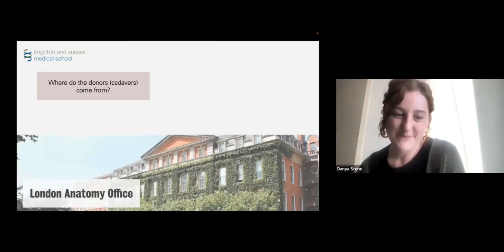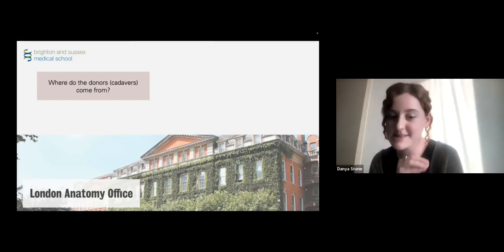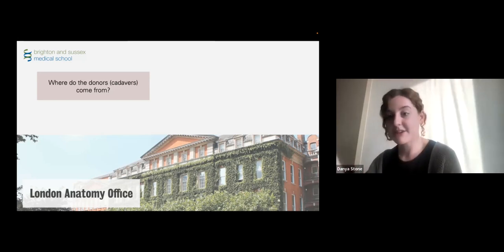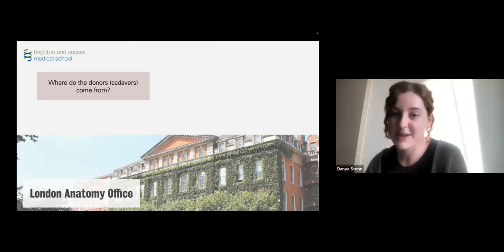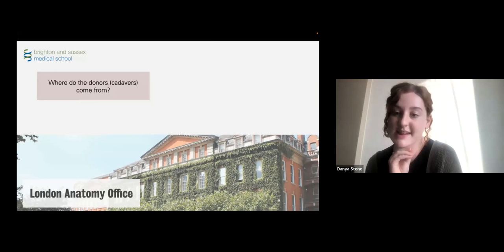So where do the donors come from? So across the UK, lots of institutions have their own bequeathal processes, which means they coordinate it all as an institution. And depending on what your postcode begins with, determines which institution you contact if you're interested in donating. The south of England is a little bit different because it's all coordinated centrally by the London Anatomy Office.